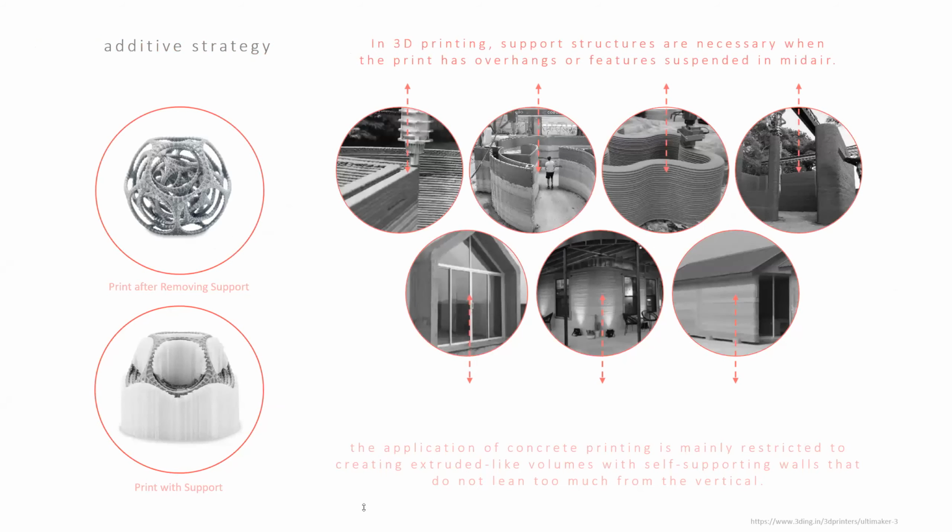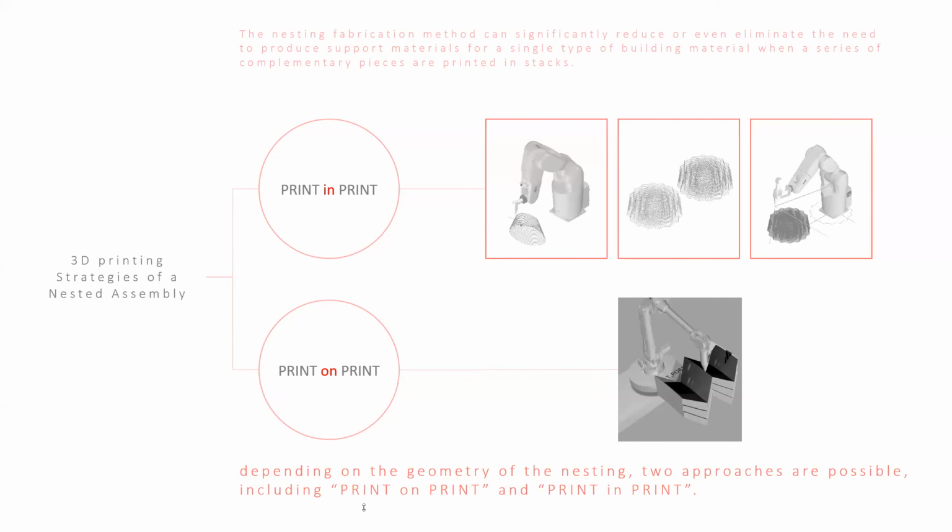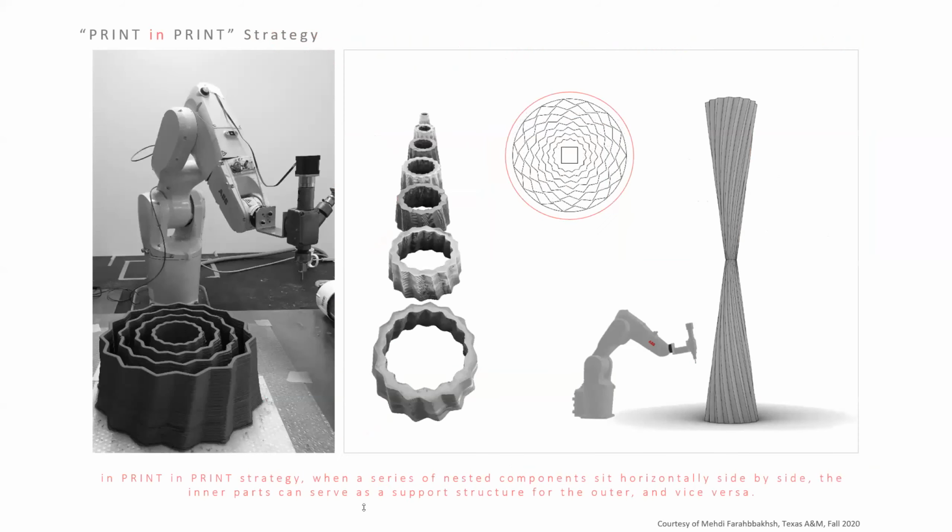In additive strategies, mostly in robotic paste 3D printing, we're dealing with the straight surfaces, because we cannot have a scaffold out of a material like cement to break it down. So we're dealing mainly with the straight surfaces. I want to talk about these 2 techniques of printing, print in print or print on print, that Mehdi covered.